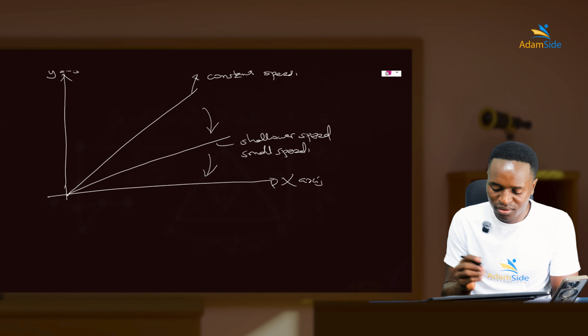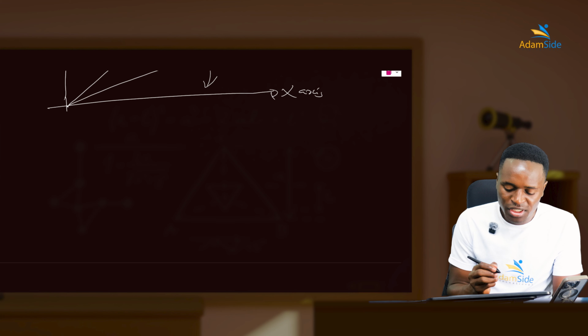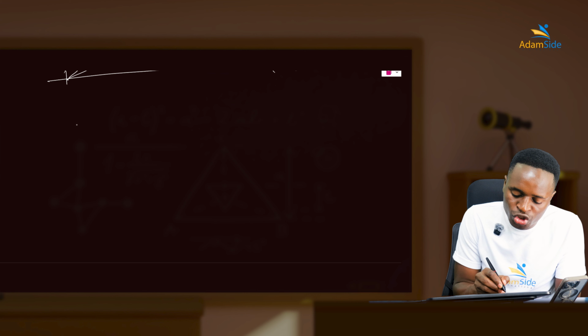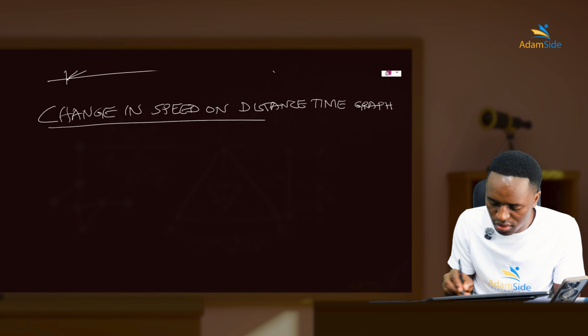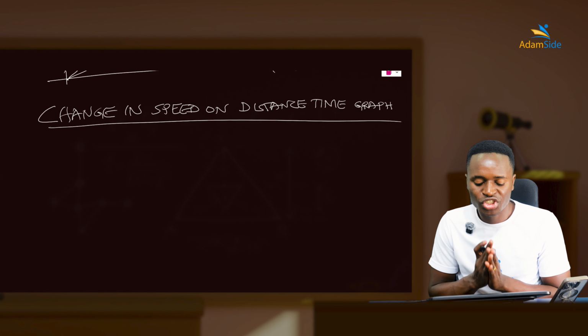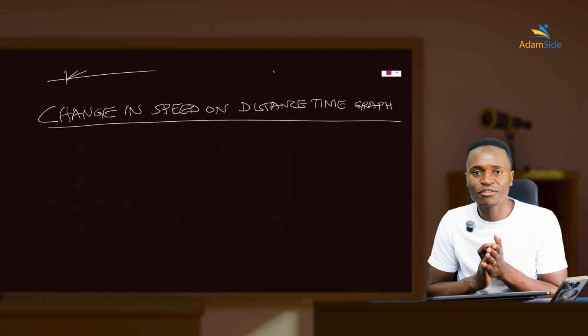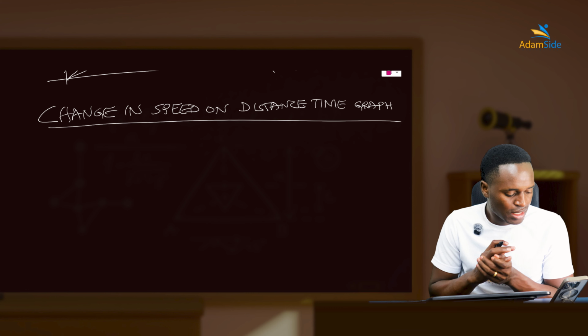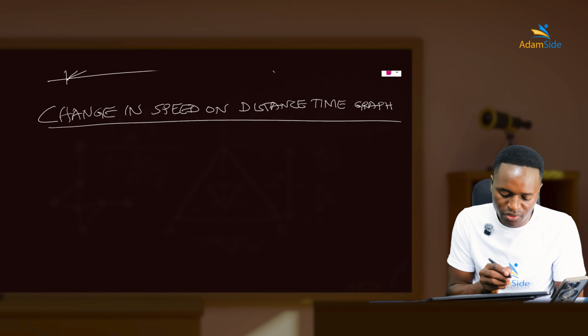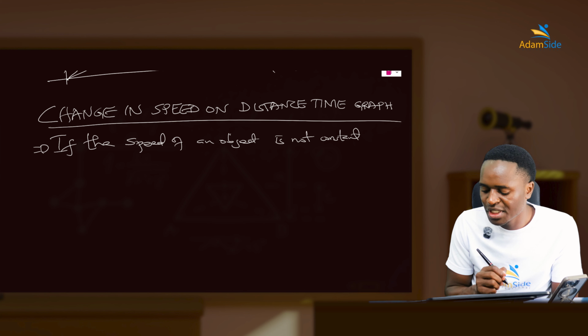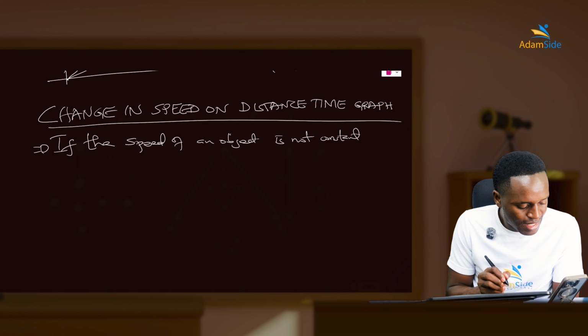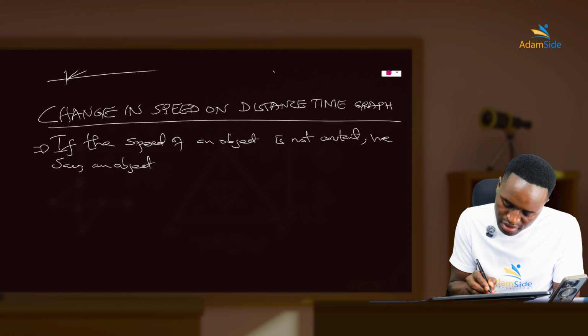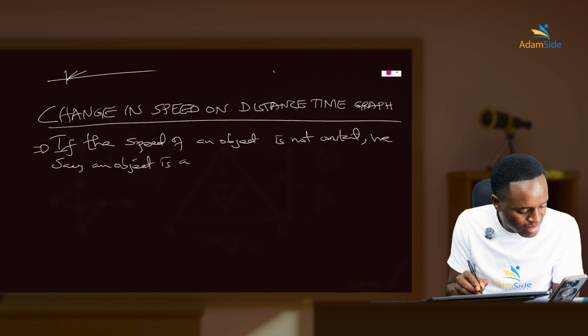So we understand that. Now, how can a change in speed be represented on a distance time graph? Rule number one: if the speed of an object is not constant, the object is accelerating.